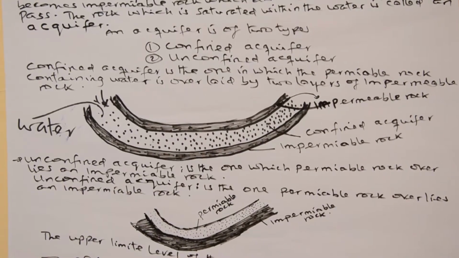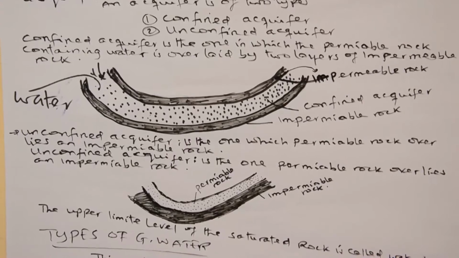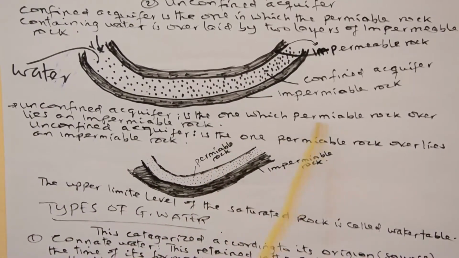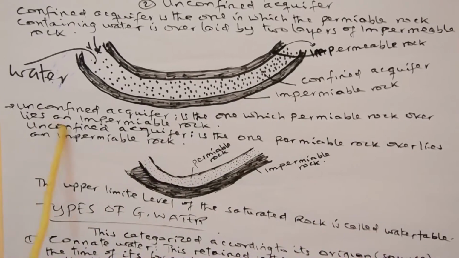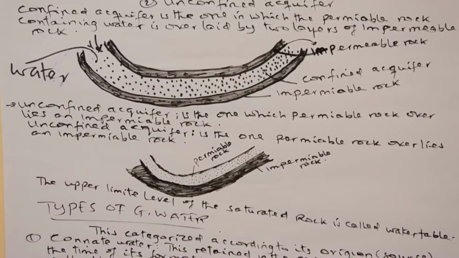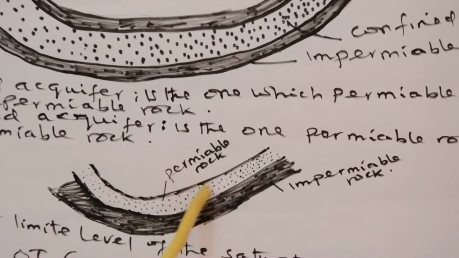How about the unconfined aquifer? An unconfined aquifer is one where permeable rock overlies an impermeable rock. Dear students, here there is a layer which is soft or permeable in nature, lying on the landmass which is impermeable.